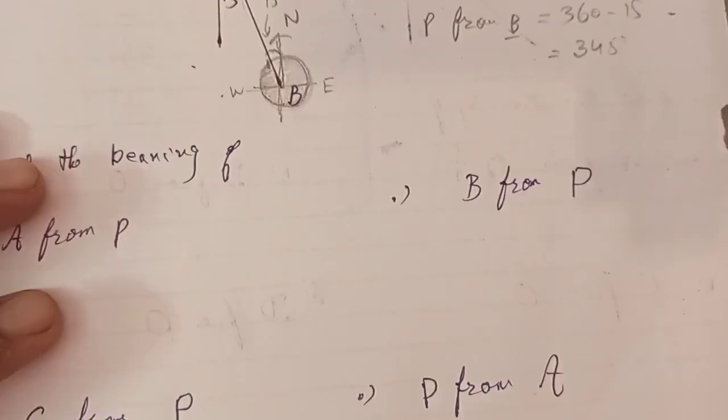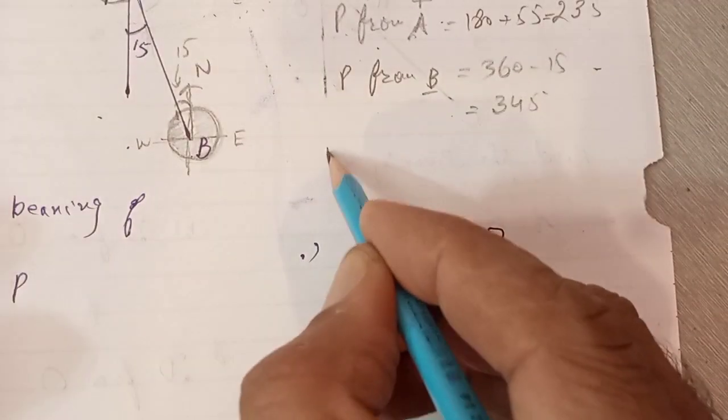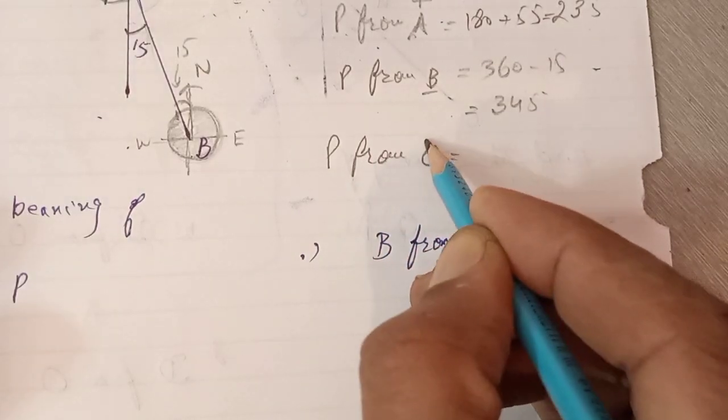This is the last part of question 2 of exercise 9, taken from the D3 Math 7th edition. The syllabus is of O level. Now P from C. What comes after "from" is C, the bearing of P from C. So you have to draw the north pole at C. Where is C?